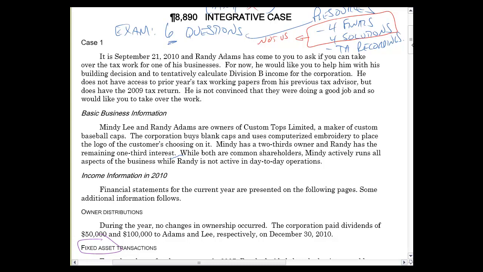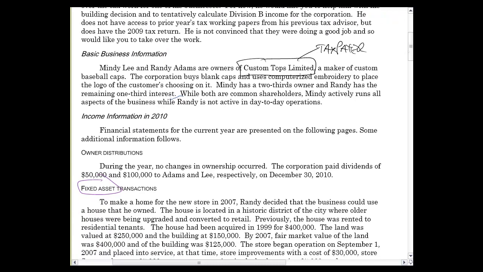We've got a bunch of preamble here that tells us about this company. This is our taxpayer. We always want to know what taxpayer we're accounting for or dealing with, but that's usually not confusing in the questions that we give you. And then they tell us who owns the company.